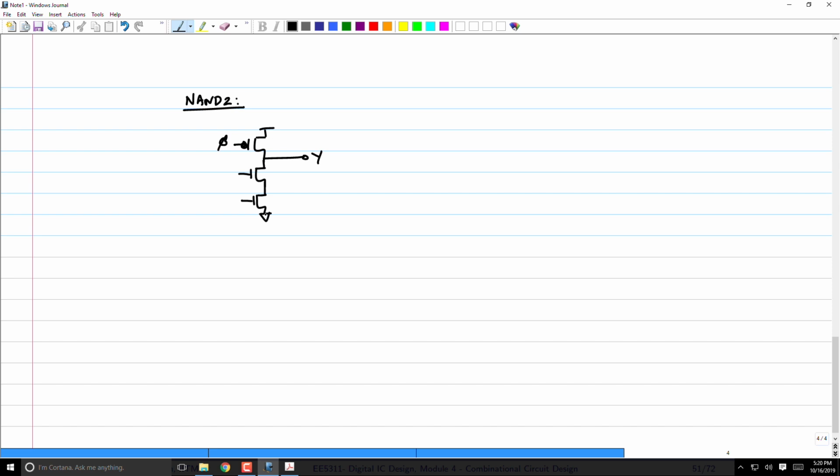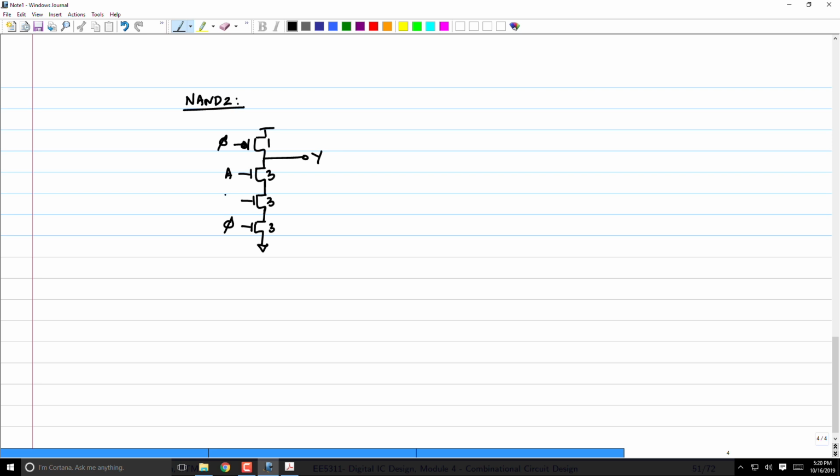My clock. Again the clock. So what's the size of my PMOS transistor first? 1. NMOS 3. Right? 3. What's the logical effort now?